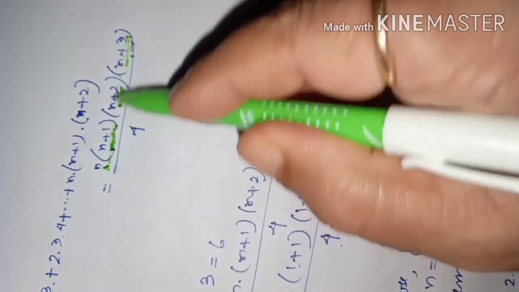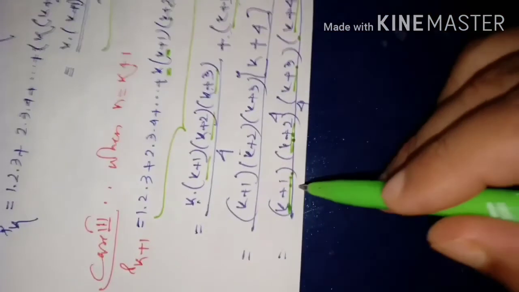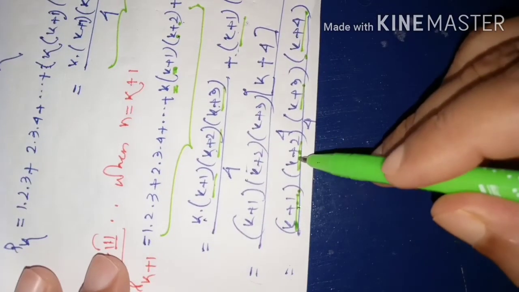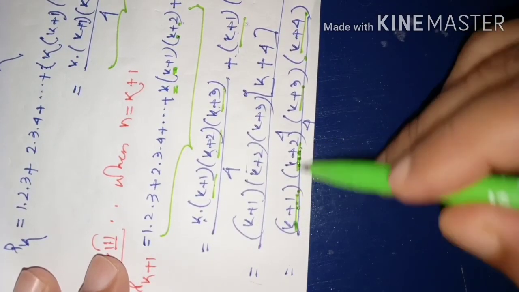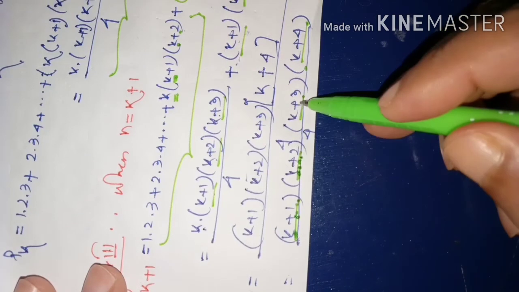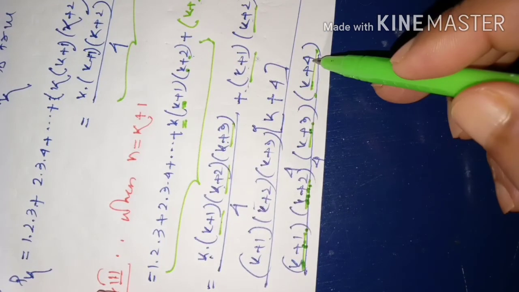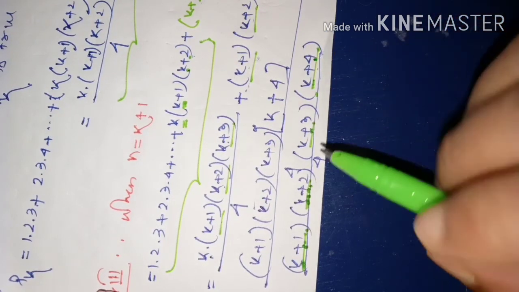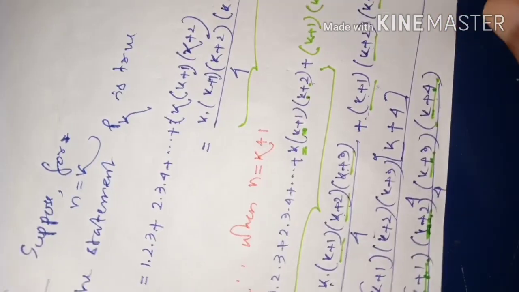Now here the starting is k plus 1. The next factor is k plus 2, 1 more than this one. 1 more than this one is k plus 3, 1 more than this one is k plus 4. Is it clear? So it is exactly the given statement's right hand side.